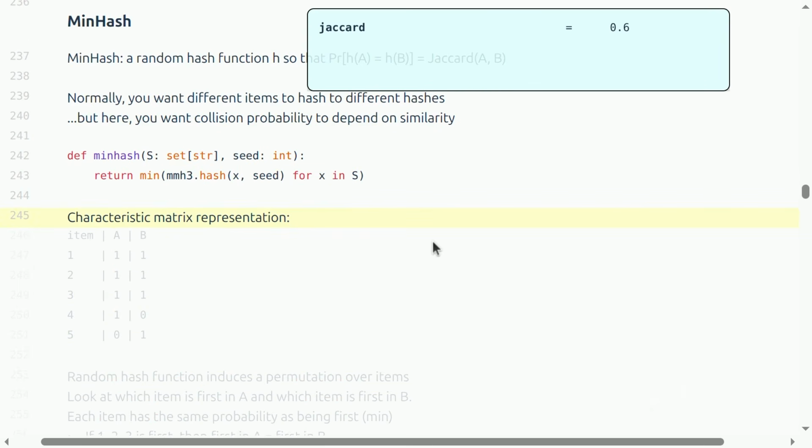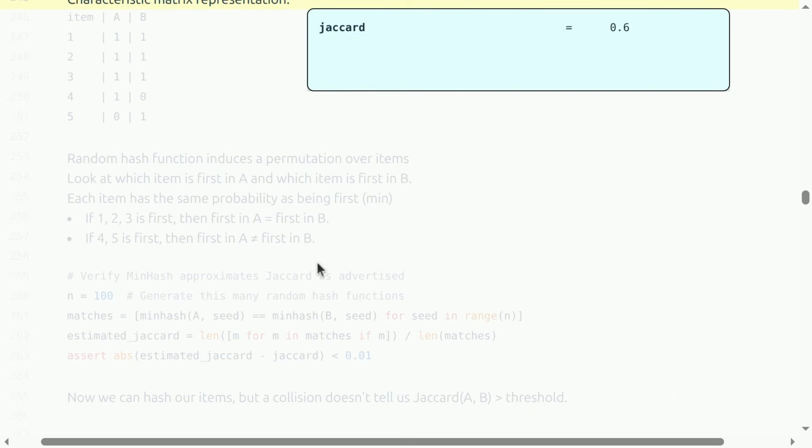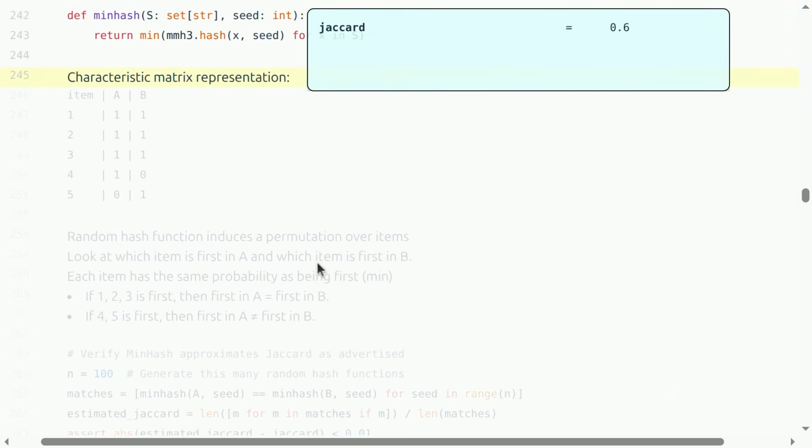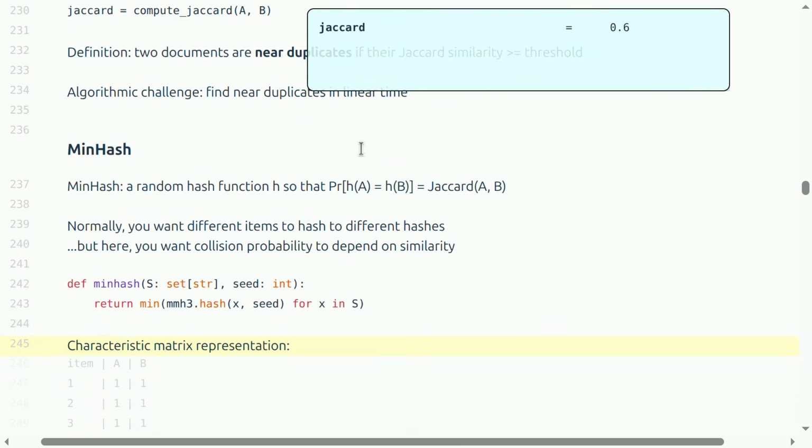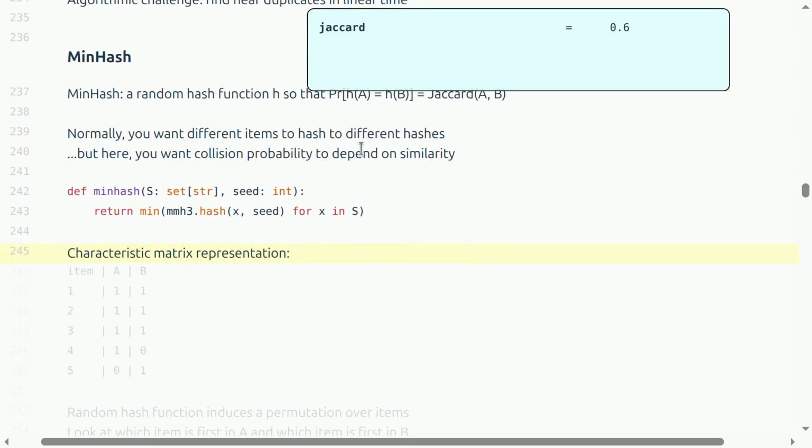Okay, so here's the MinHash. It's fairly simple. You take a set, you hash every element in that set, and you take the minimum element. If you're seeing this for the first time, it may seem a little bit strange. Why are you taking the min? You can take the max too. It doesn't really matter. It's just a way to break ties.